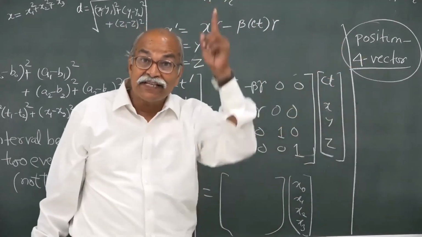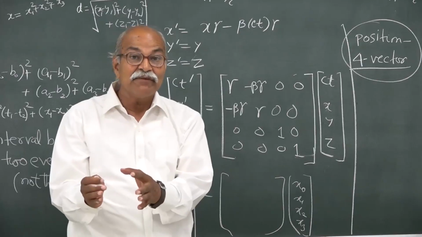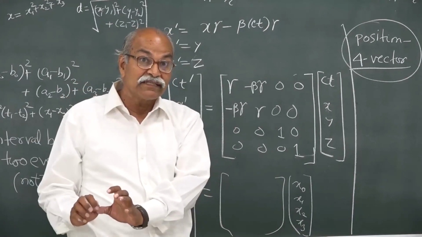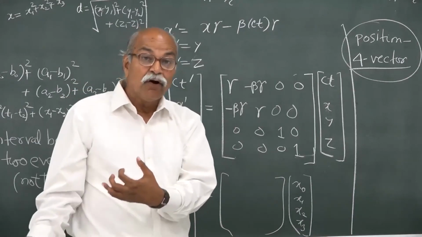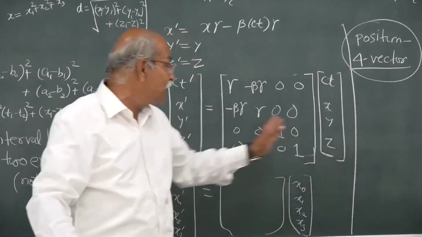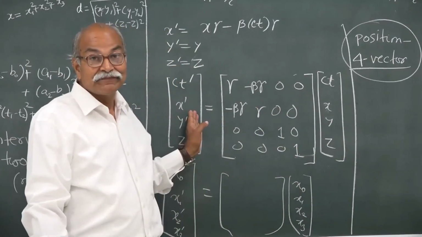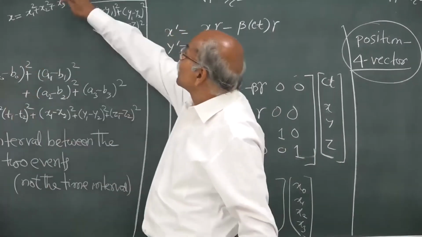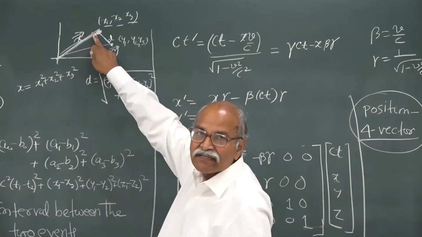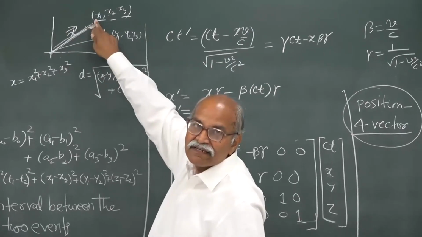And any set of 4 physical quantities which can be represented by 4 components, and if those 4 components transform on going from S frame to S prime frame according to this equation, will also be called a 4 vector. Here you have position vector, but you also have many other vectors, linear momentum vector, angular momentum vector, force vector, velocity vector.